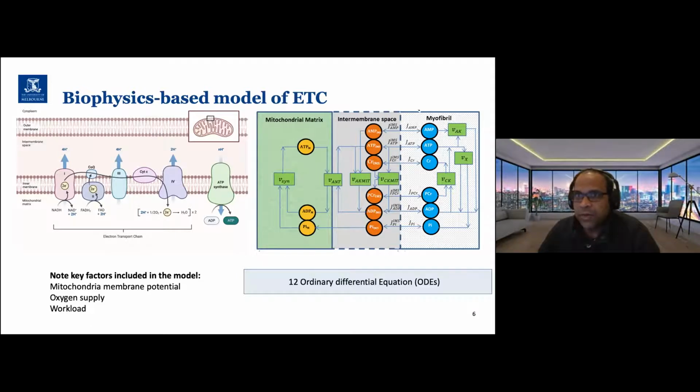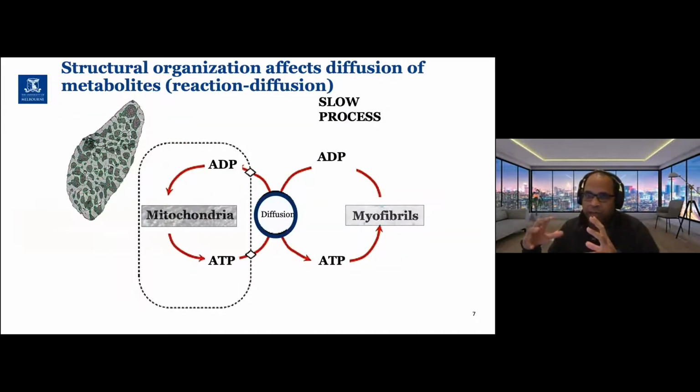And then what we do is also couple this model of oxidative phosphorylation with a spatial model of the diffusion of metabolites. So this is that where question that Jared was pointing to before.